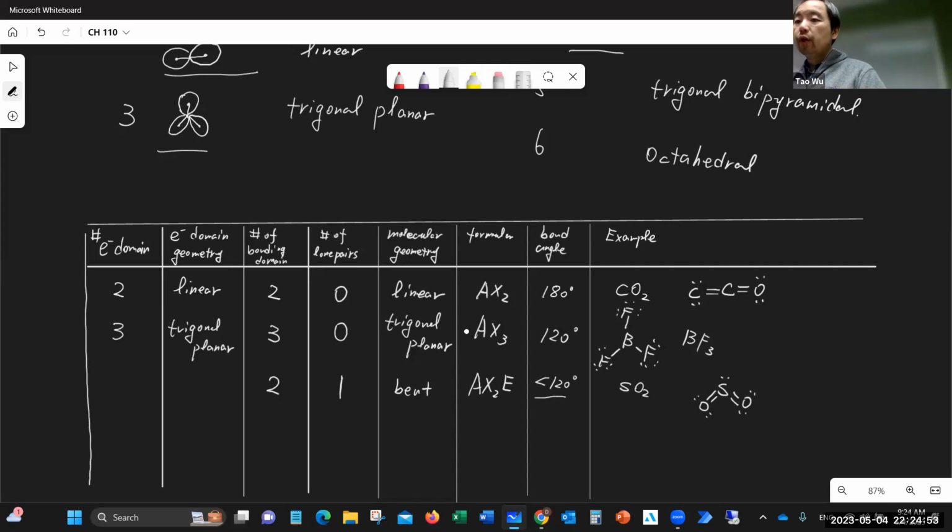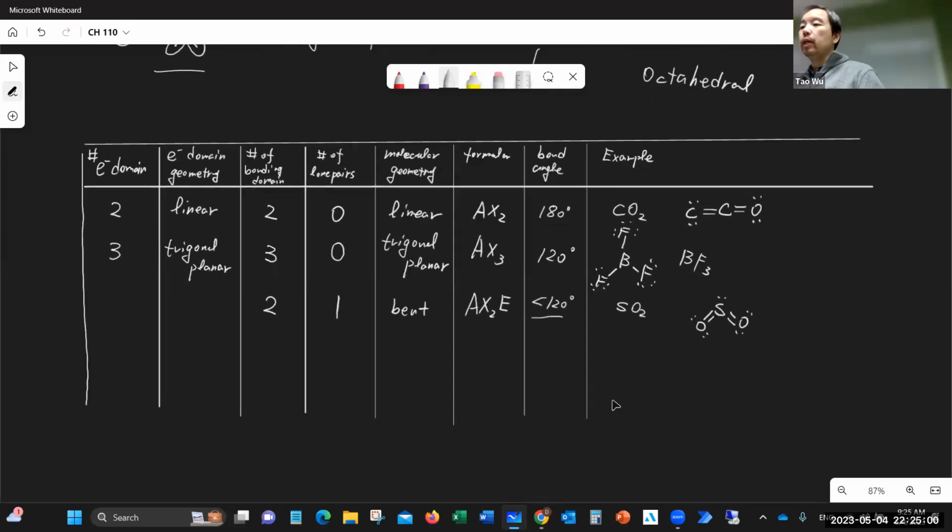Now this is the variation for 3 electron domains, and then we're talking about 4 electron domains, and that's it. I'm not going to talk about 5 and 6.